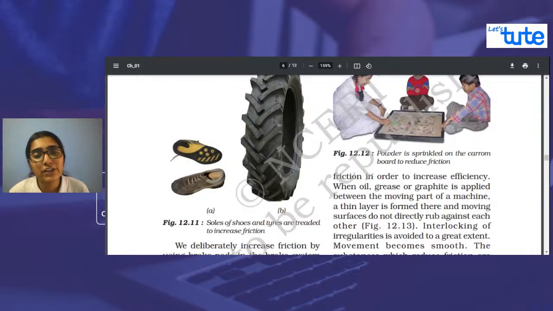Last is fluid friction, which does not happen in air, but if you are going through water, try walking through a swimming pool. You'll understand that it's very difficult for you to walk. The reason it's very difficult is a concept called fluid friction.